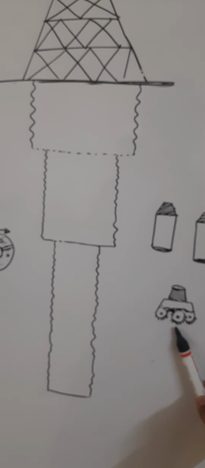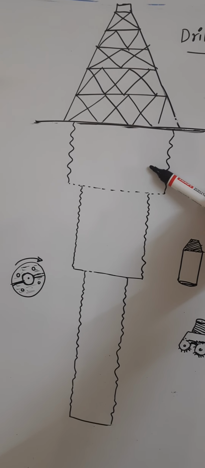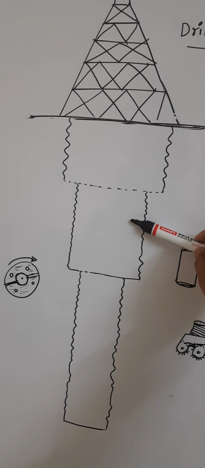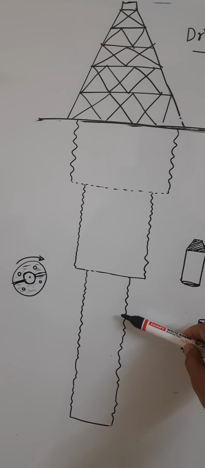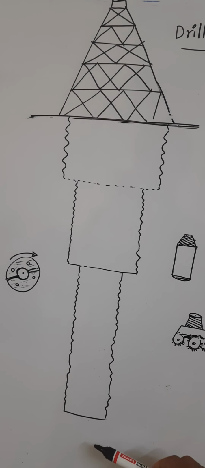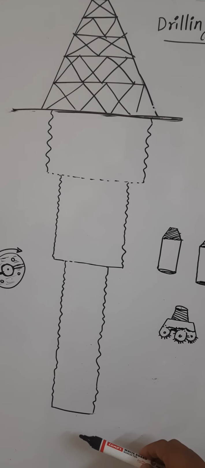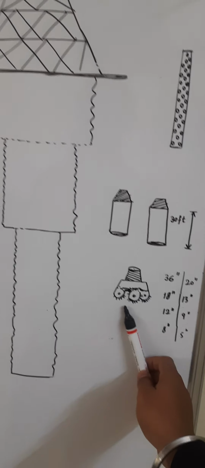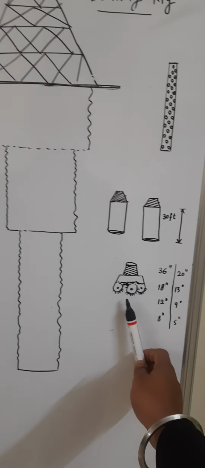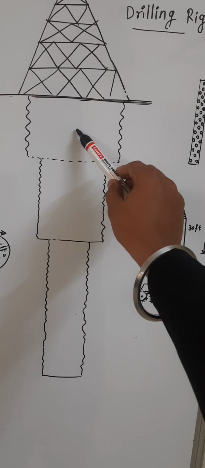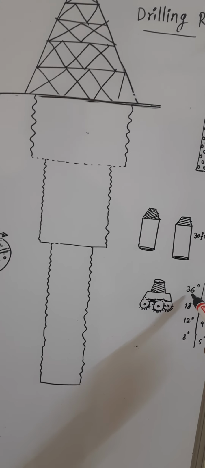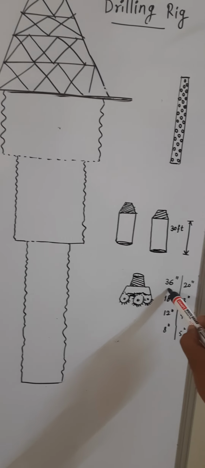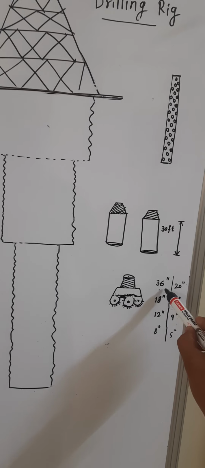You can see that we first drill the largest hole, then a little smaller, then smaller, and if we have to complete the well in more than 3 phases, then we need a bit of again smaller diameter. In general, this is a drilling cutter or drilling bit. The first phase we drill with a large bit of around 36-inch size.